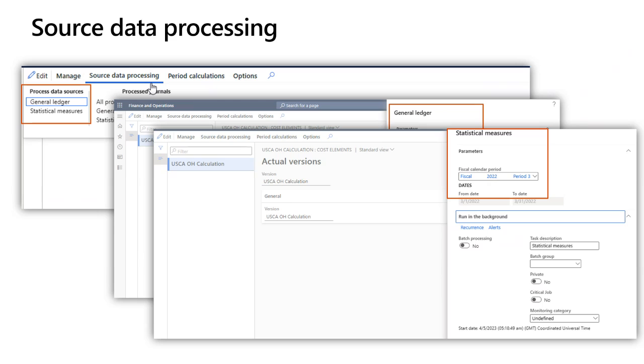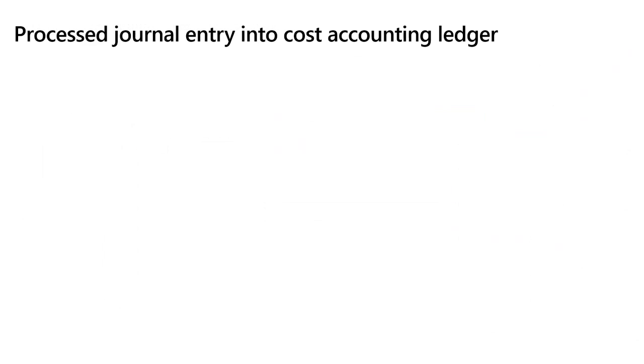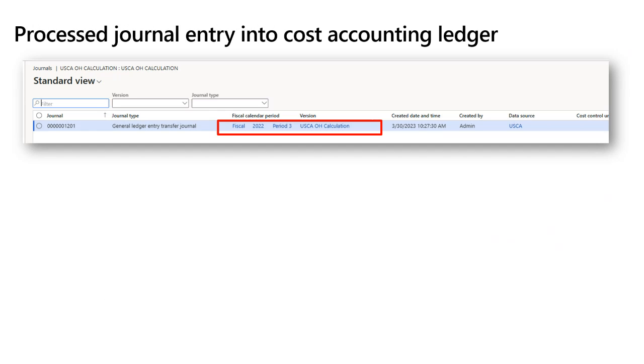Now we can quickly look into the processed data that we have brought in as part of cost accounting ledger. We'll start with financial data. As part of source data processing, we have one entry for period 3 into general ledger entry transfer journal, and this data is coming from data source USCA that we have defined for this cost accounting ledger.